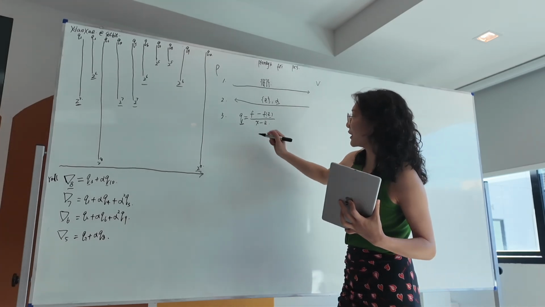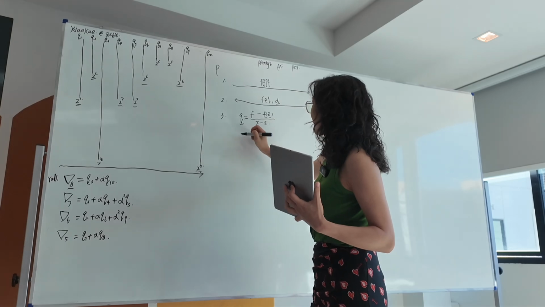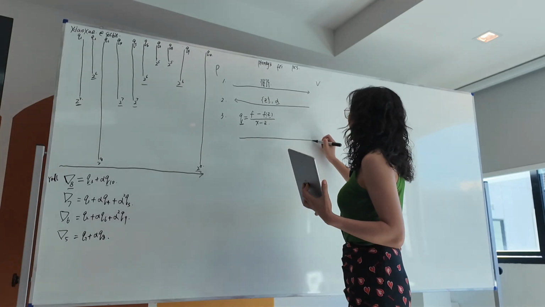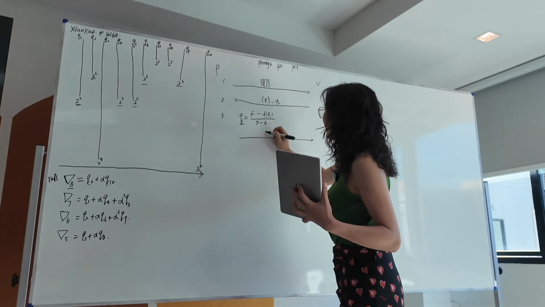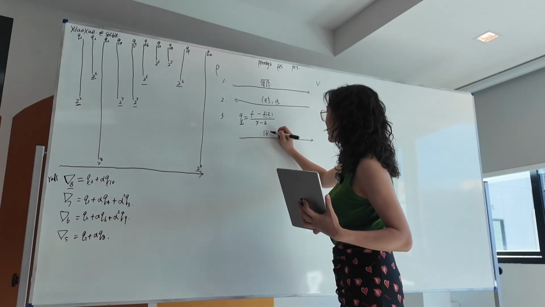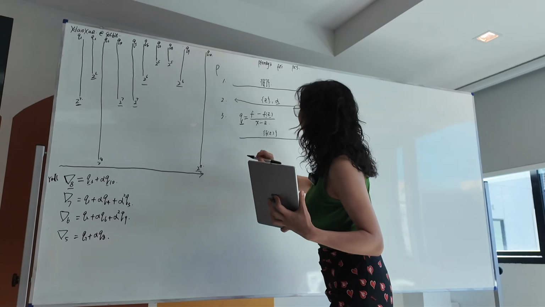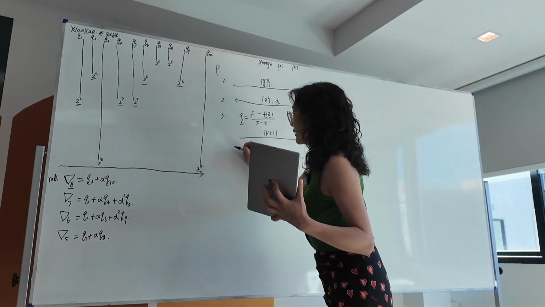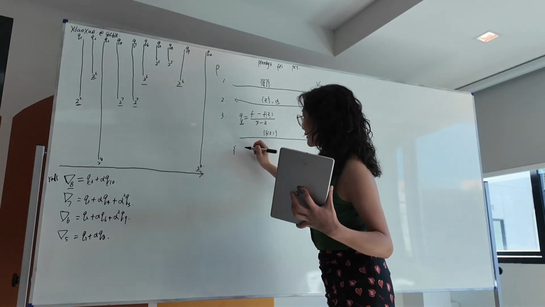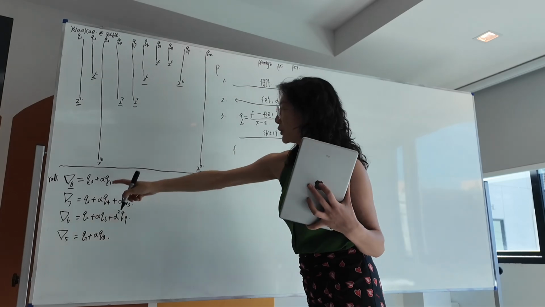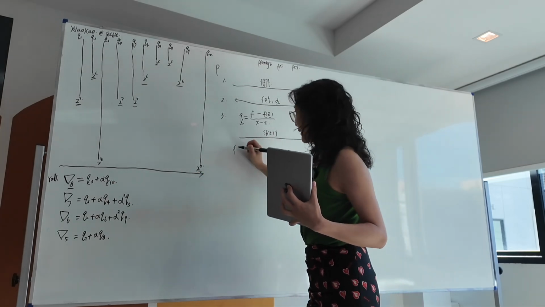So now the prover will send the opened value to the verifier. And the prover now gets these rows. So I will write it here.